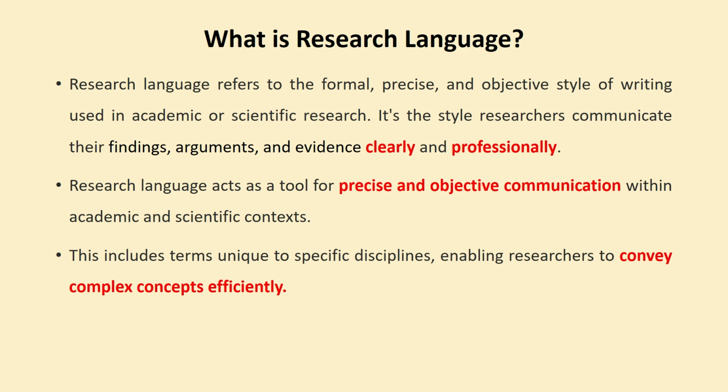And as a researcher, you have to be very clear and convey this idea effectively with your research language. The way you communicate, the way you write it, shows the effectiveness of your communication. So, this is a very important thing for a researcher to understand, that is how you write your research proposal.